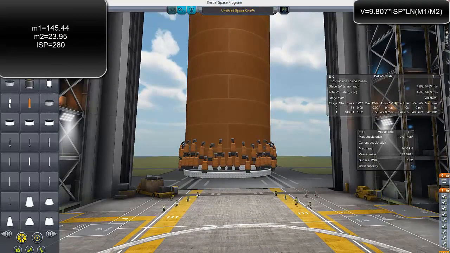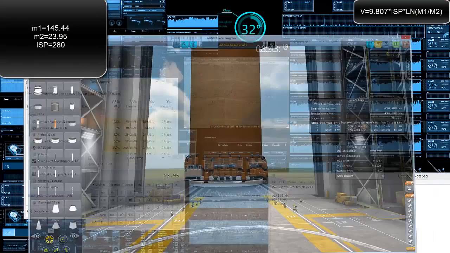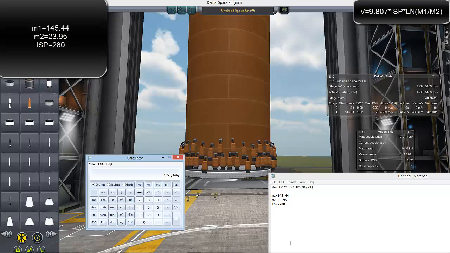So once you figure all that out, what you need to do is take the M1, which is 145.44, divided by M2, which is without fuel, 23.95, equals that.